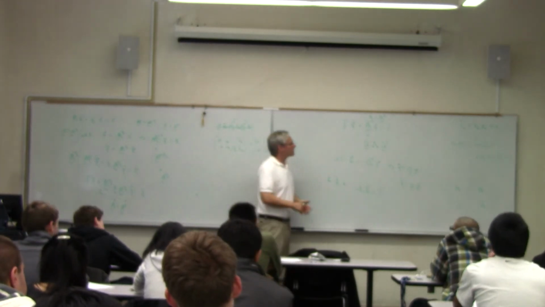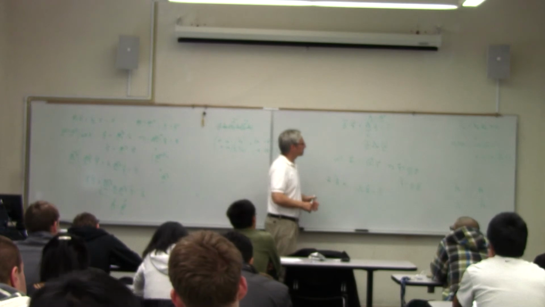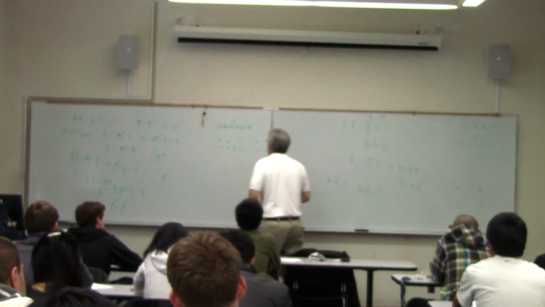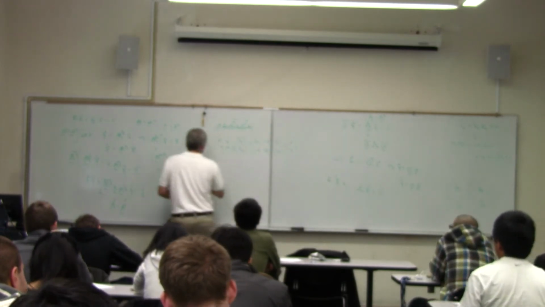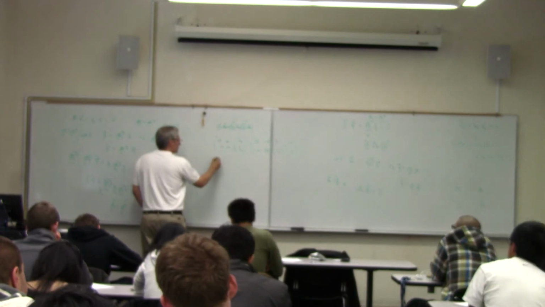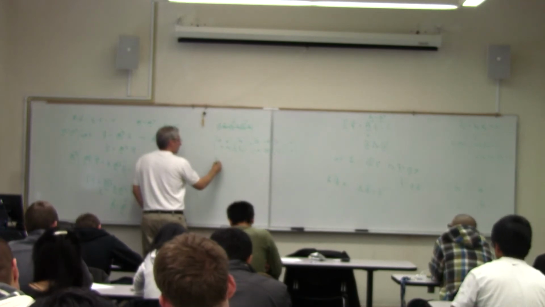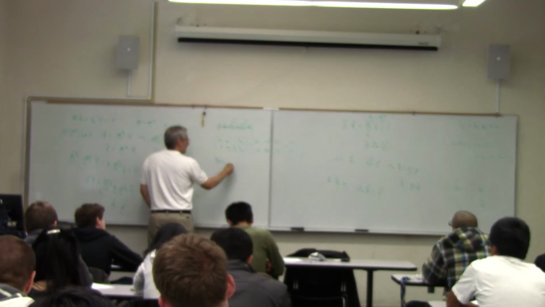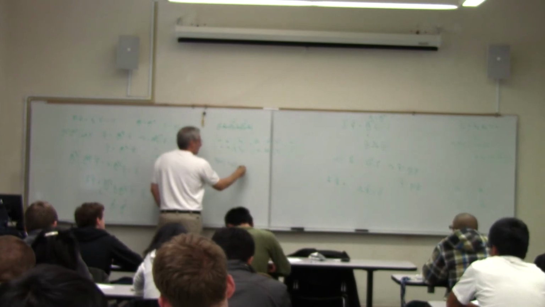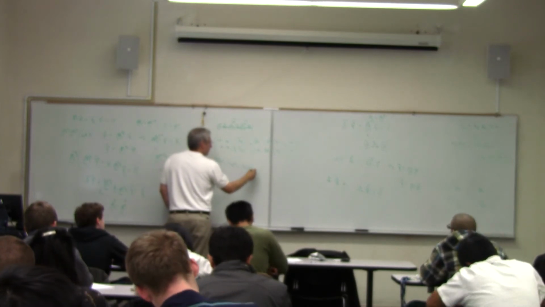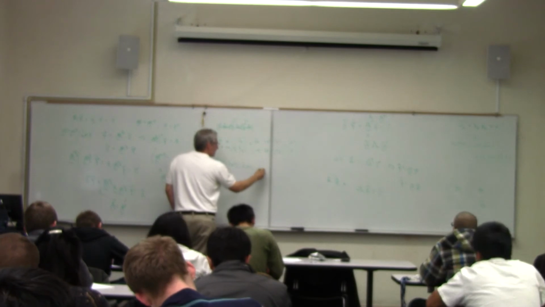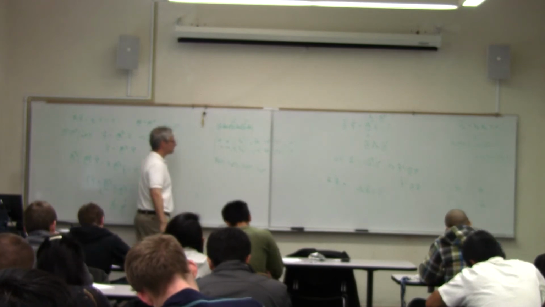Okay? So let's go back to this system. And let's say that I give you initial conditions, x1 at time 0, x2 at time 0, x1 dot at time 0, x2 dot at time 0 are all given.